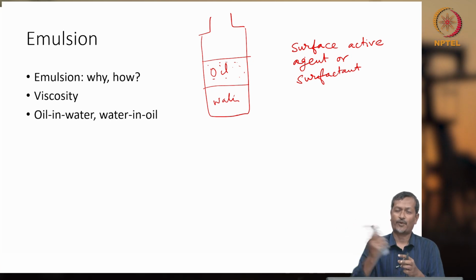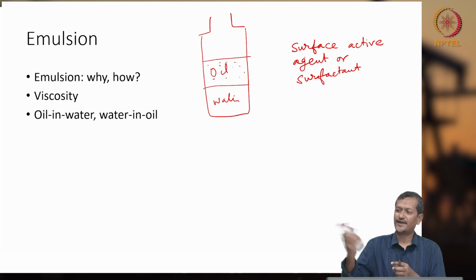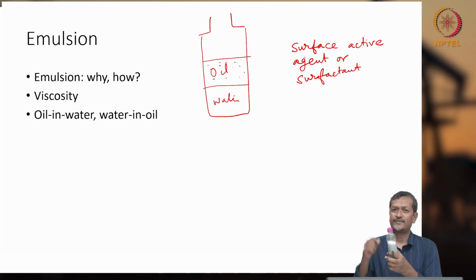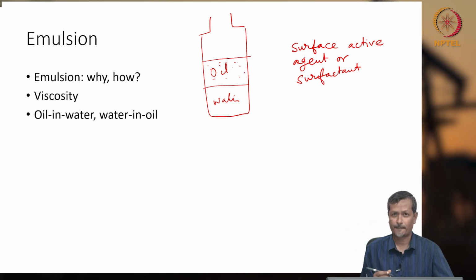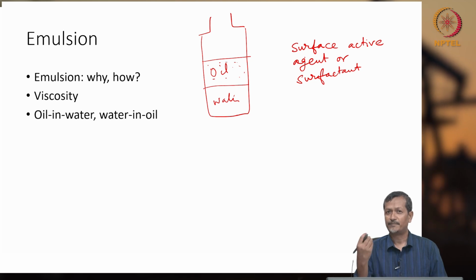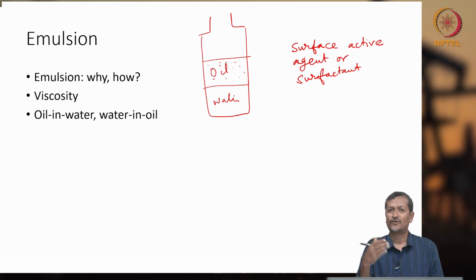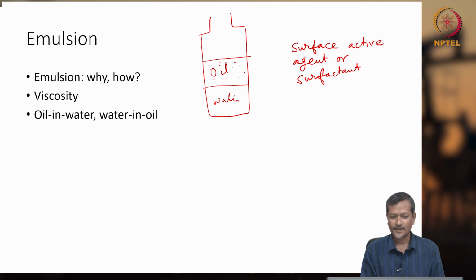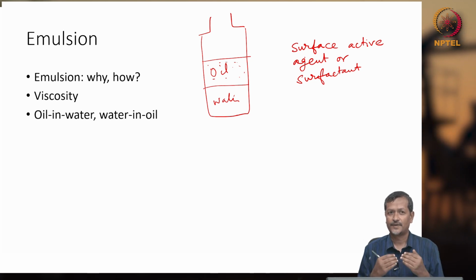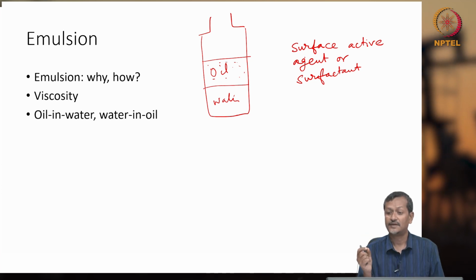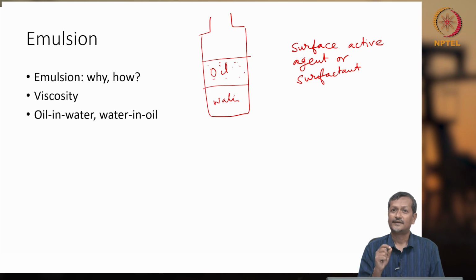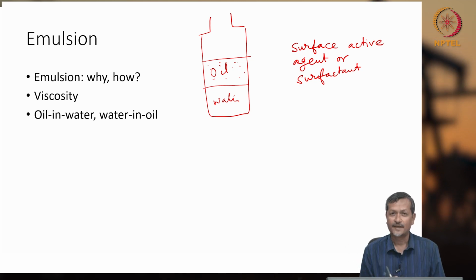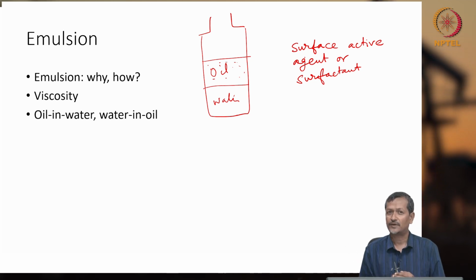If I mix properly, agitating very nicely, it will create very small particles of oil and water. So oil and water mixed with a certain chemical that will not allow them to settle will create a good emulsion. And if you don't have that surface active chemical or surfactant, then an unstable emulsion will be created.